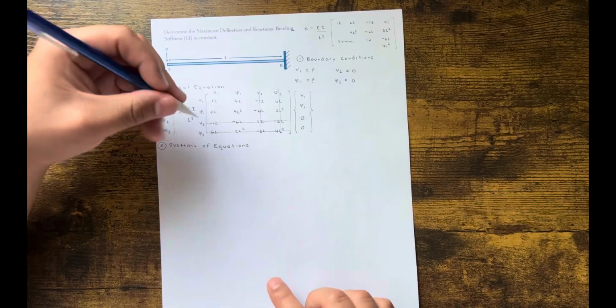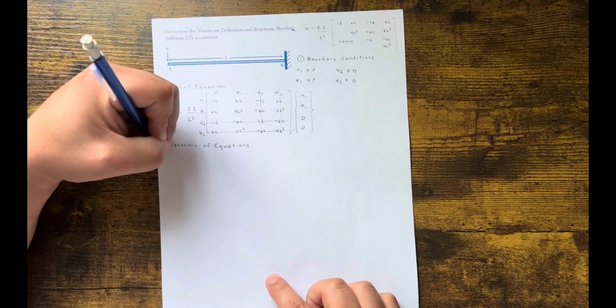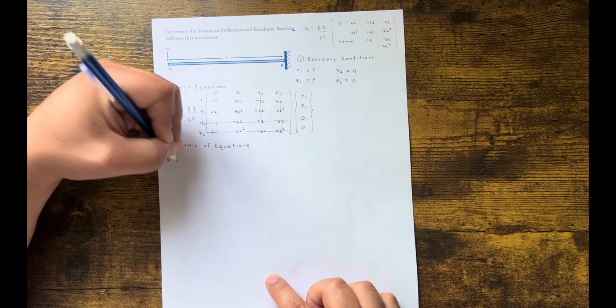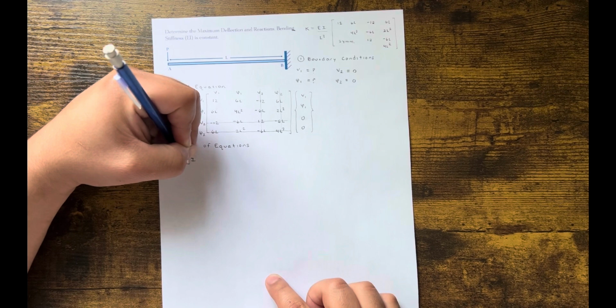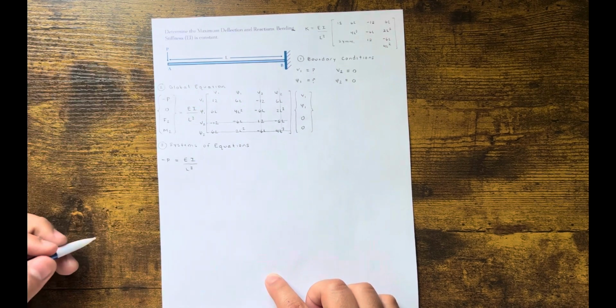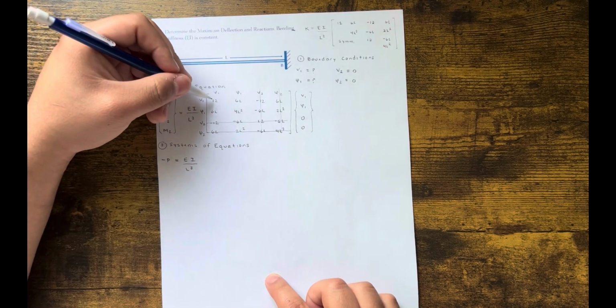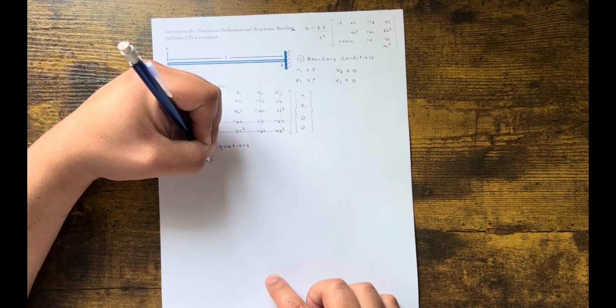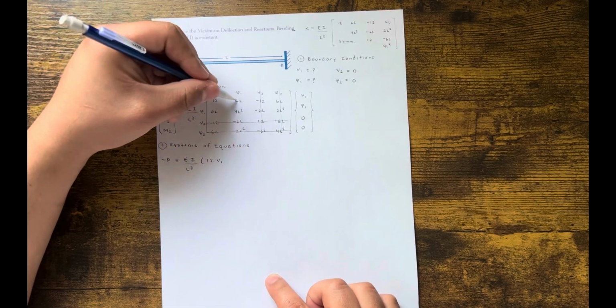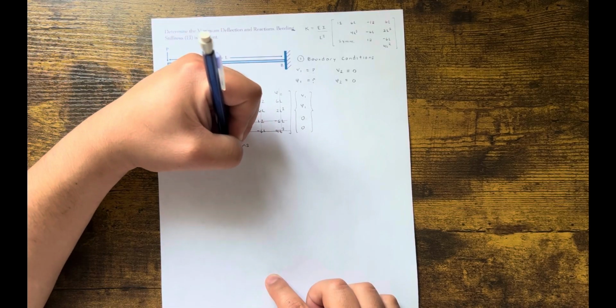All right, so let's go ahead and do it. You put negative P, right? Equals, and don't forget the step right here, EI over L cubed, okay? Then it's going to be 12 times V1. So let's go ahead and put parentheses, 12 V1 plus 6L Phi1, okay?